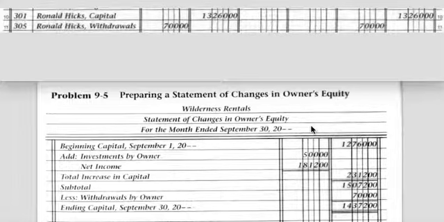And then on the third line, it's the when, listed just like the income statement: for the month ended September 30th and the year. This could also be for a quarter, a year, or a week, but for problem 9.5, it's for the month ended September 30th and the year.